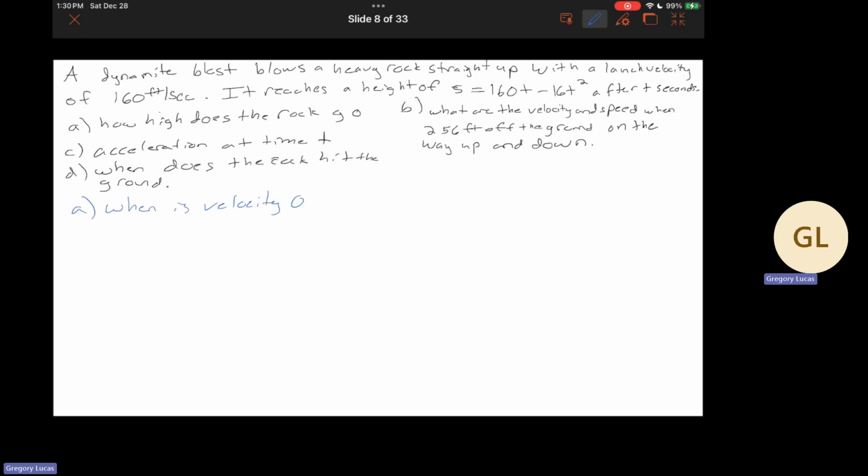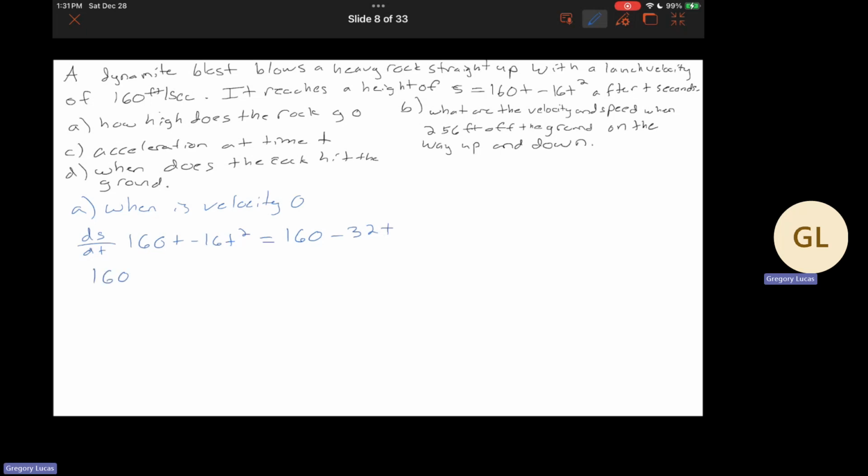Okay, so velocity, we take the derivative of our position function. So if we call our s function, we want to take the d dt of our s function, which is 160t minus 16t squared. We take the derivative, and we're going to get 160 minus 32t. So two different power rules there. Okay. Well, we want to know when the velocity is 0, so we can set it equal to 0.